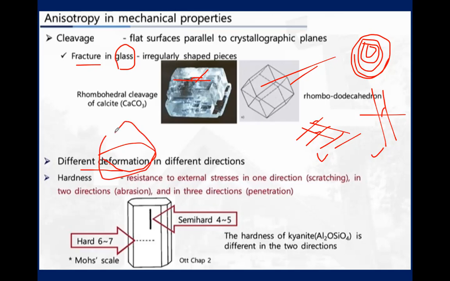This deformation is also an anisotropic feature, because in different directions, for example, a crystal can deform in a different way than when it is being deformed in the other direction, right?